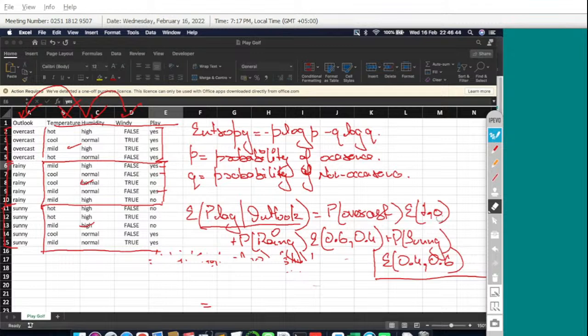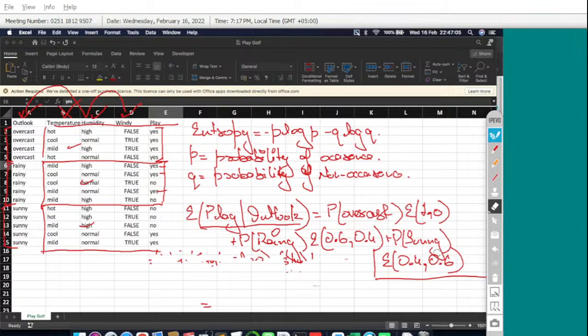Plus the probability of rainy times the entropy at rainy. The probabilities to play in rainy are 0.6 and 0.4, and that will be P and Q for the entropy at rainy, plus the probability of sunny times the entropy at sunny, which will be 0.4 and 0.6.